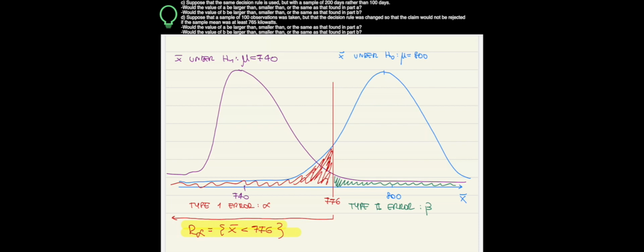So in part C, we have a critical region unchanged, so the red critical region is not changed, but more days, so n increases.